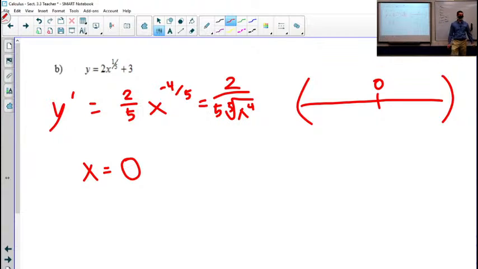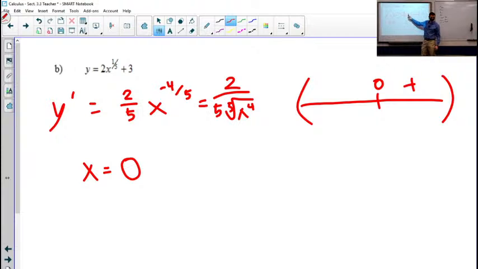Zero is our point of interest. We want a point to the left of 0, a point to the right of 0. Well, to the right of 0, it's going to be 2 over 5, and then, oh, that's going to be positive. And to the left of 0, oh, wait a second, to the left of 0, if I put a negative number in here, what's going to happen when I take it to the 4th?